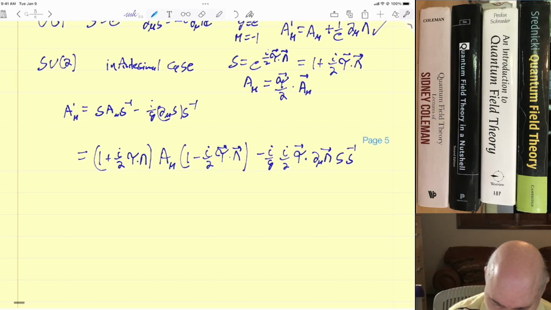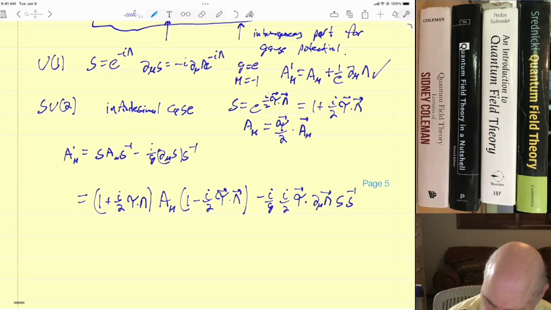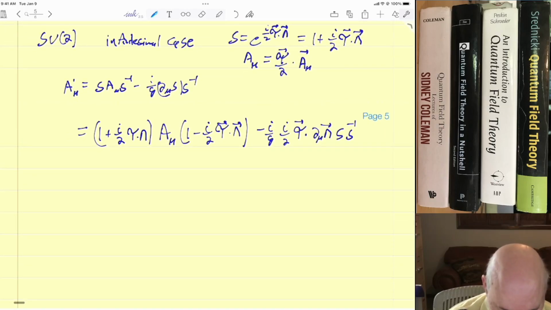Okay, because when I take the partial mu of S, it already has an S inverse. Well, the partial of mu S is going to just give me an S with the i tau dot the partial mu lambda. It's just the chain rule.